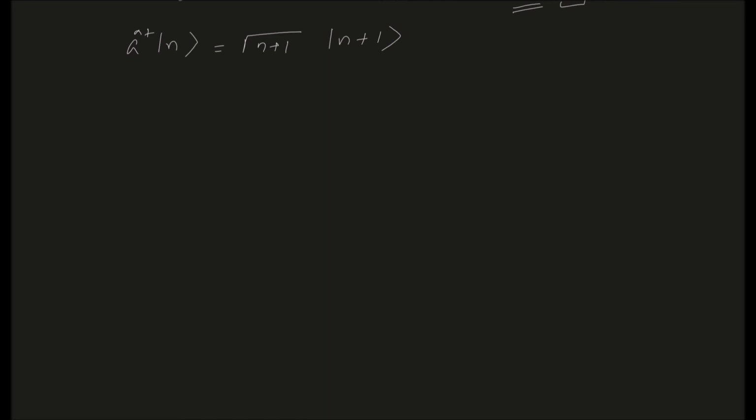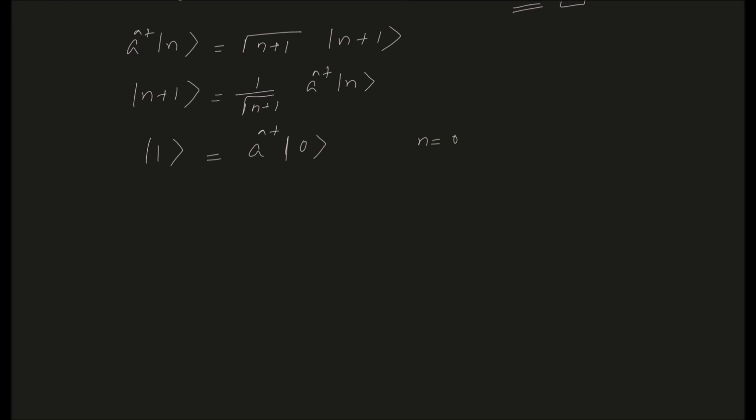So we can write this n plus 1 as 1 by square root of n plus 1, a dagger n. If you put n equal to 0, the first state that we can generate is given by 1 by square root of 1, which will give you 1 itself.